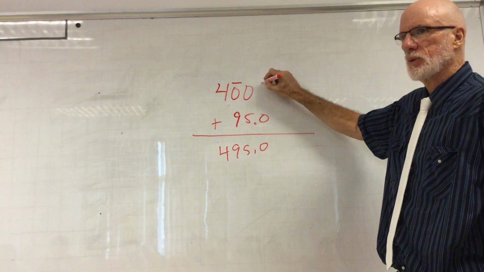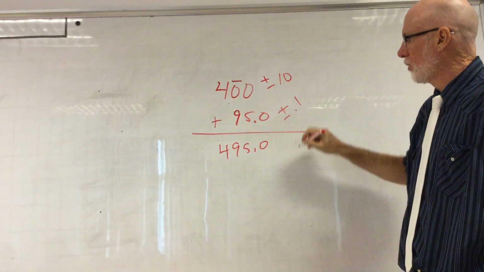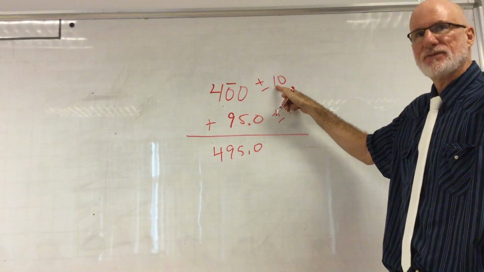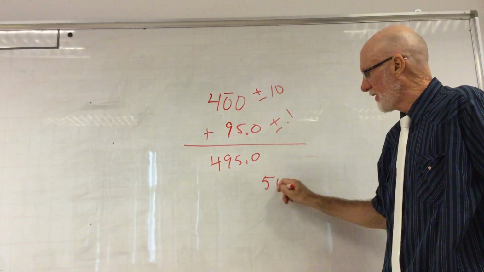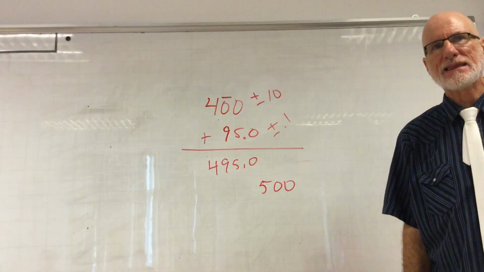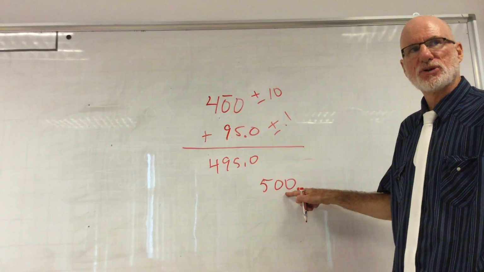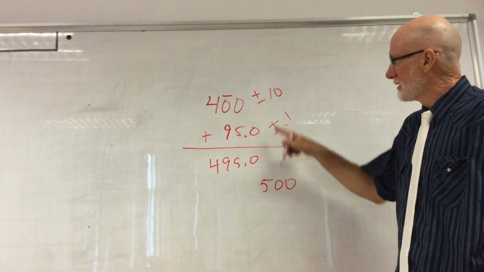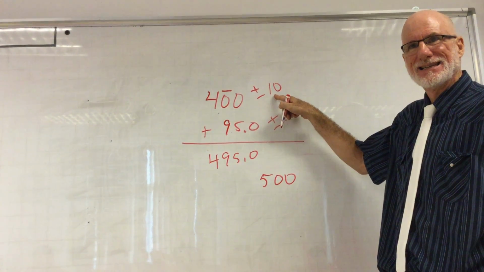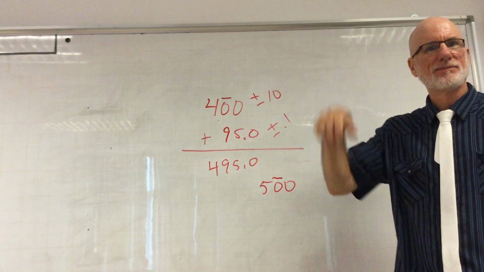This has plus or minus 10, this is plus or minus 0.1, so it's got to have tens place. It'll be 500, but how do you write that? If you write a point, then that answer has a precision of plus or minus 1. But it doesn't. You have to have plus or minus 10. We're done.